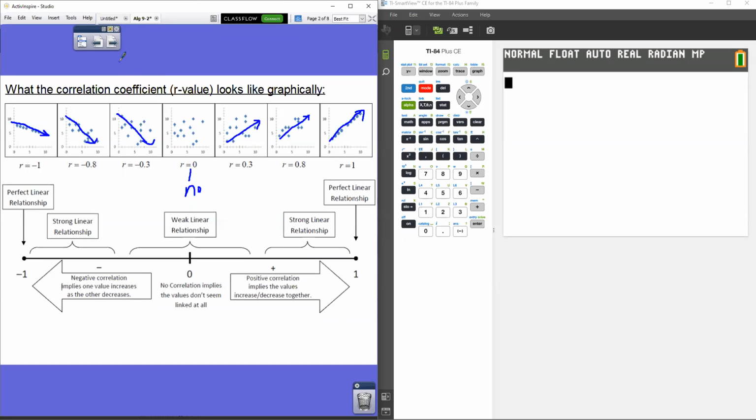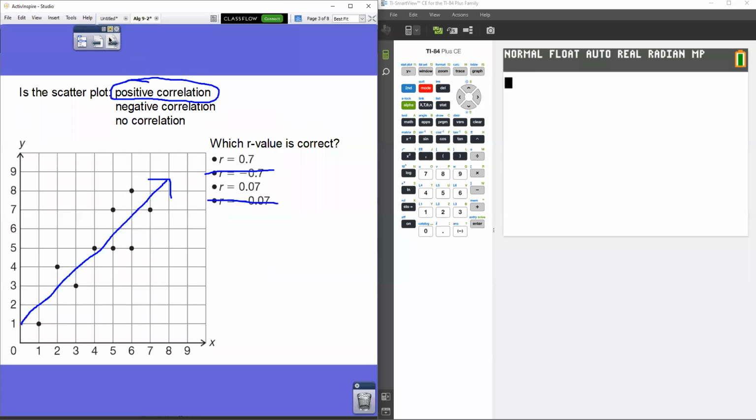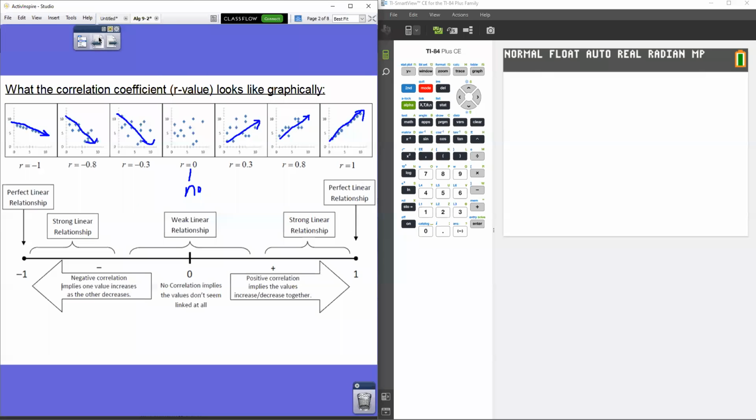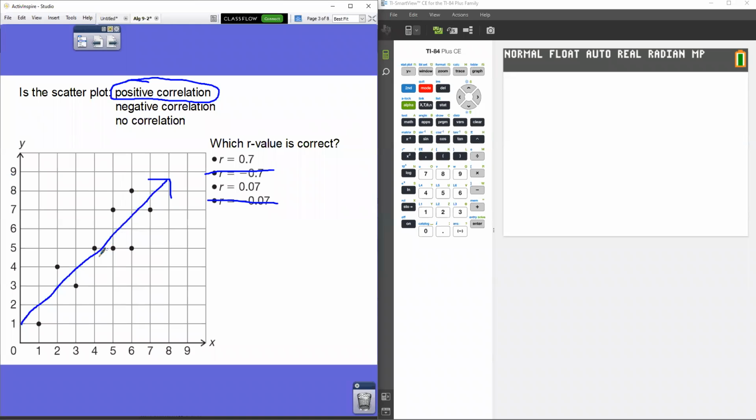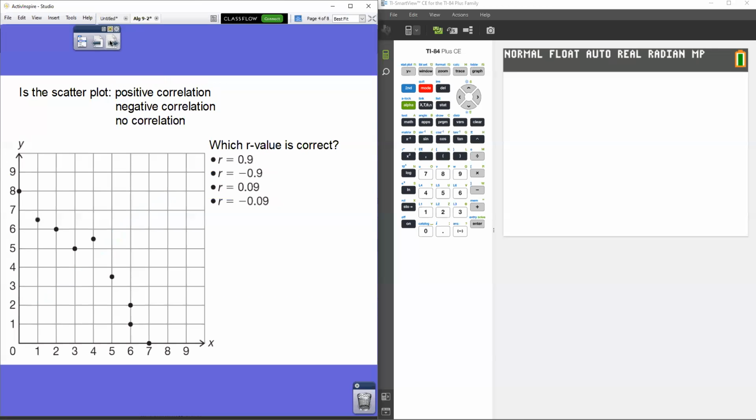That's like 7 cents compared to 0.7, which is 70 cents. So if you think of that in the scale of $0 to $1, 7 cents is closer to 0. So are these dots closer together, or are they almost to 0 where it's no relationship? Well, they are closer together. So 0.7 would be your correct answer.